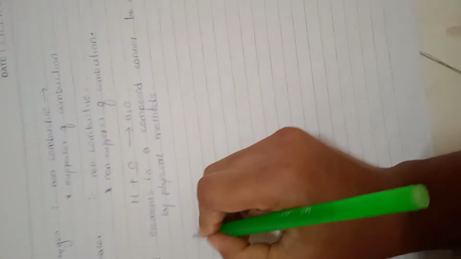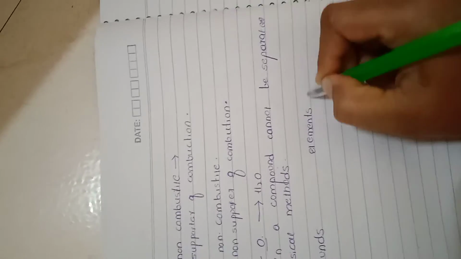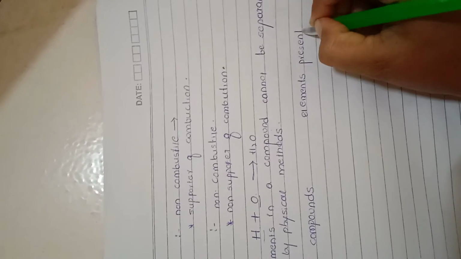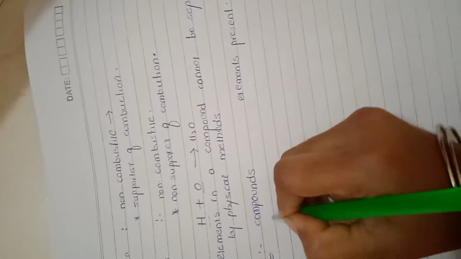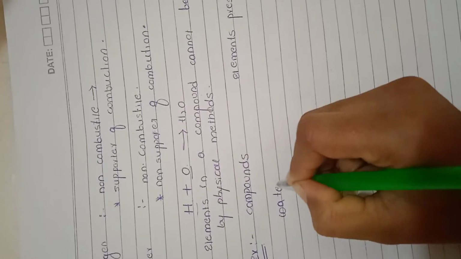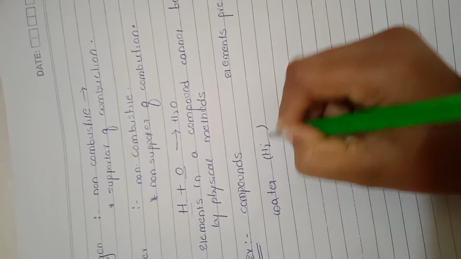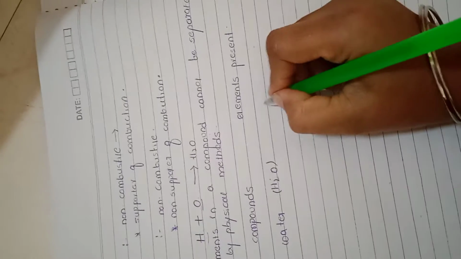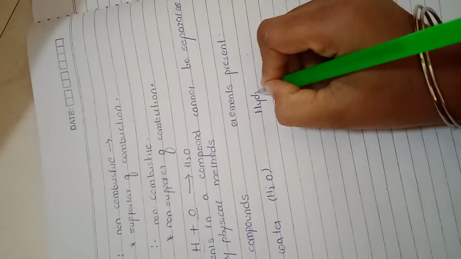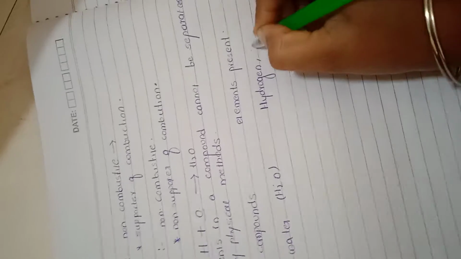Here are some examples of compounds and the elements present. First, water, H2O, is a compound. The elements are hydrogen and oxygen.